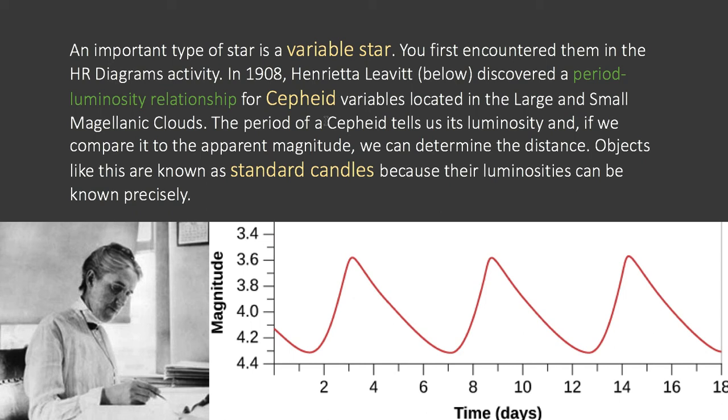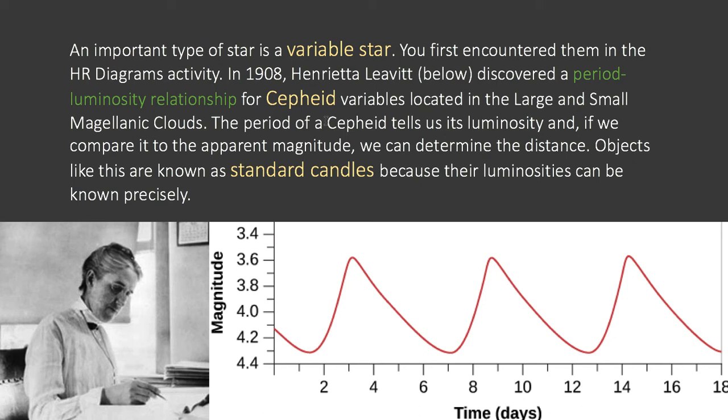This type of star that has this property, where its luminosity is known, is called a standard candle. It's a candle like a candle that you would light in your home, and it's standard because we know exactly what the true luminosity is. Standard candles are a powerful tool.